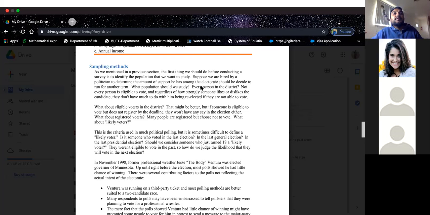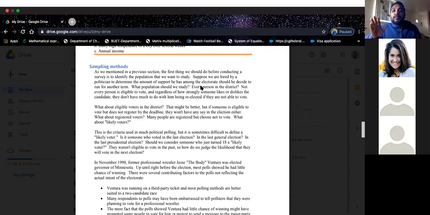So there is a likelihood we need to consider whether or not one individual will vote or not. So often it's difficult to set up the population. You can see there are several options. You need to set up one. You can't really have two populations in a single study. In most cases you can't have two. I believe in higher or advanced cases you might have more than one population.